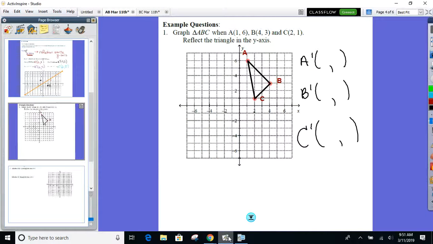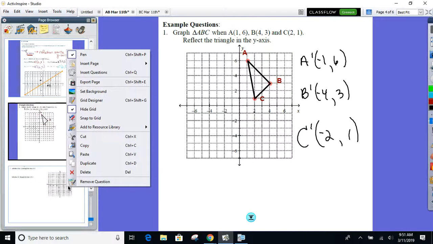A prime: -1, 6. B prime. And C prime. Good. All right, any issues there with those and graph correctly? -1, 6, -4, 3, -2, 1. All on this side.